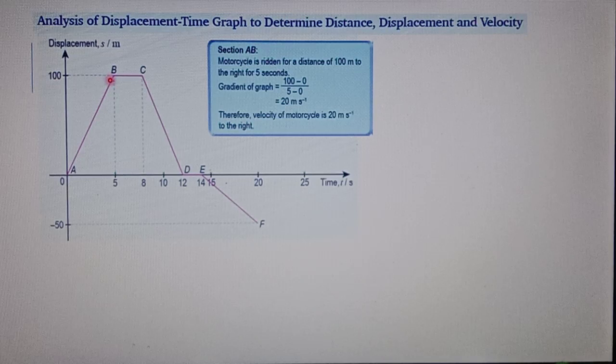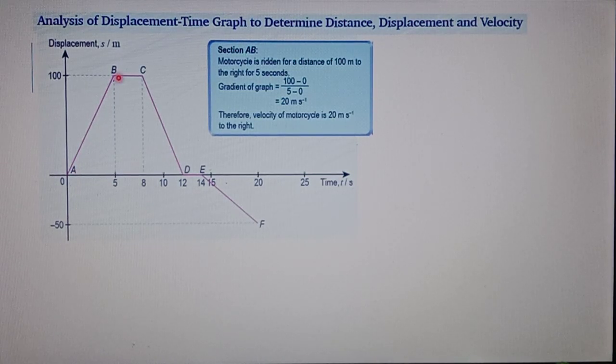Let's say the gradient here is the height of the triangle, 100 divided by 5, or 100 minus 0 divided by 5 minus 0. Thus we get 20 m s^-1. So for AB, the velocity of the motorcycle is 20 meters per second to the right. So we can take the positive sign as to the right.